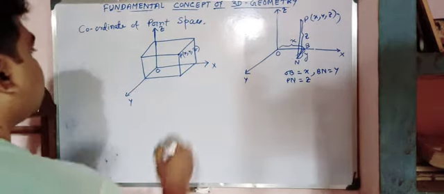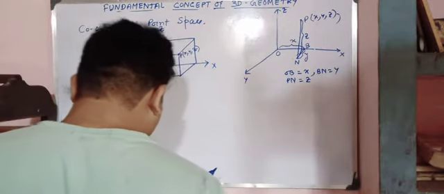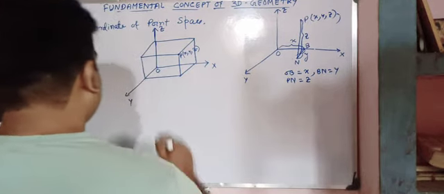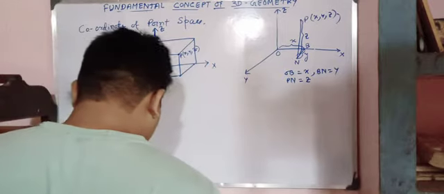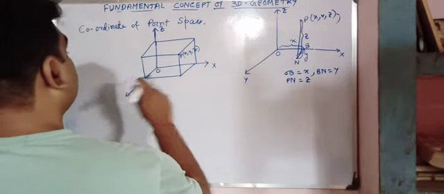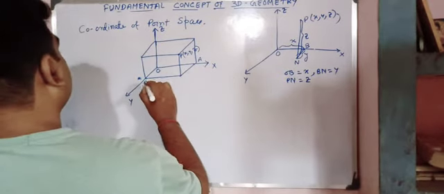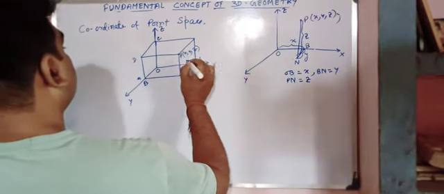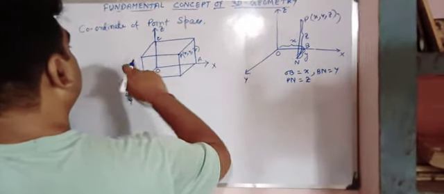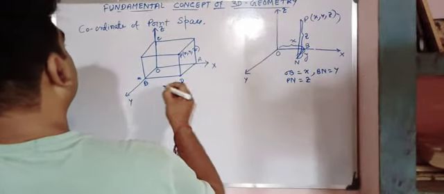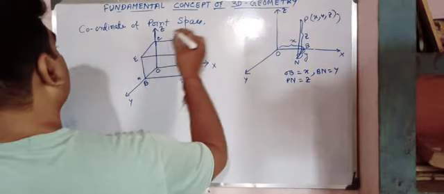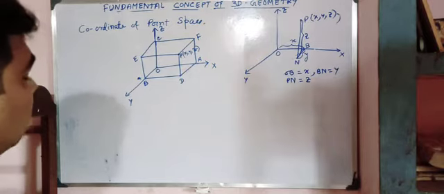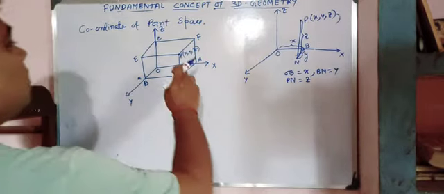Suppose I am naming this as A, this as B, and this as C, and this is D, this is P, this is E, and this is F. So my coordinate of P is equal to x comma y comma z.